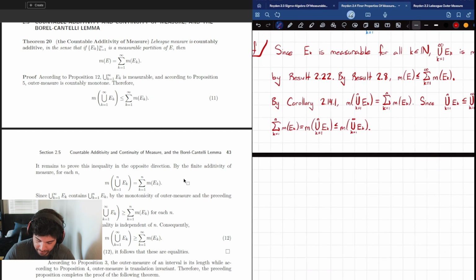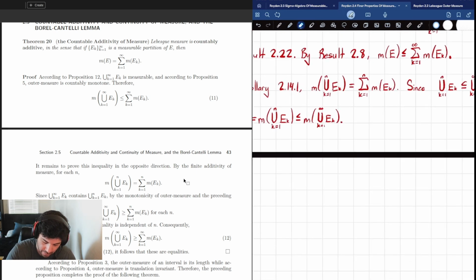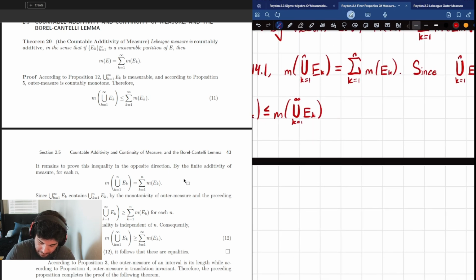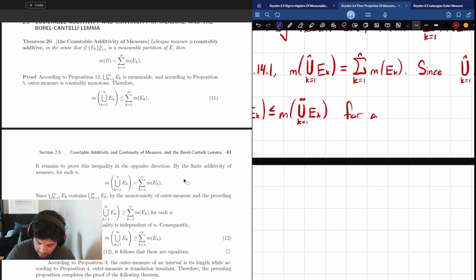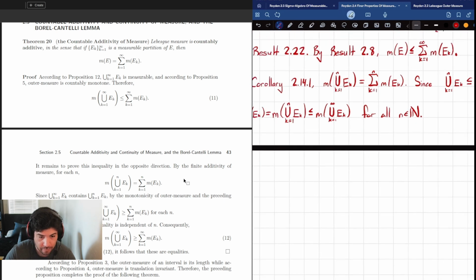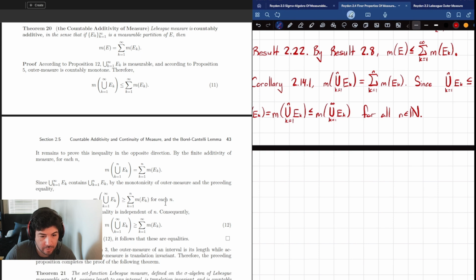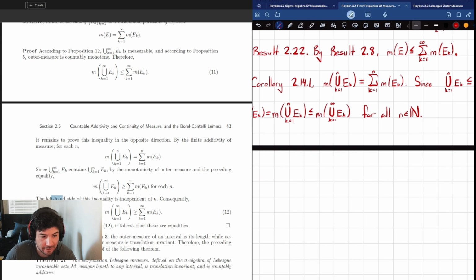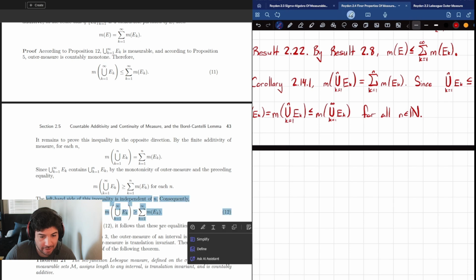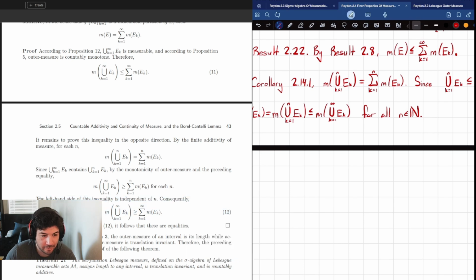Okay. This is for all N. Yeah. The left-hand side is independent of N. Consequently, see this part right here? This part right here is missing details.